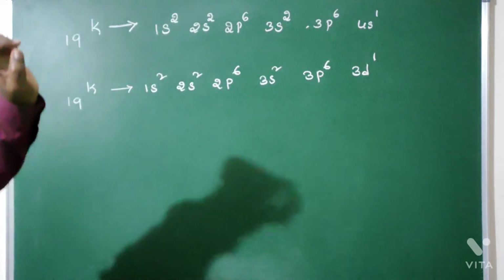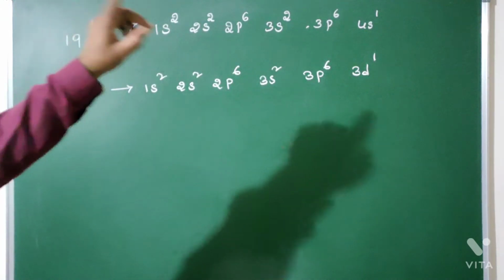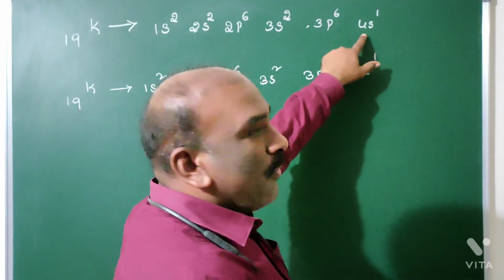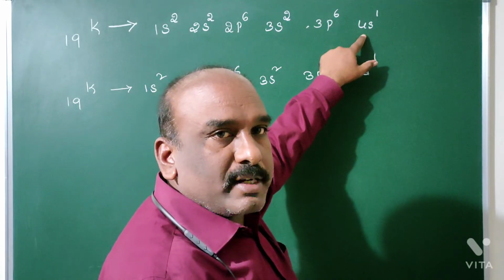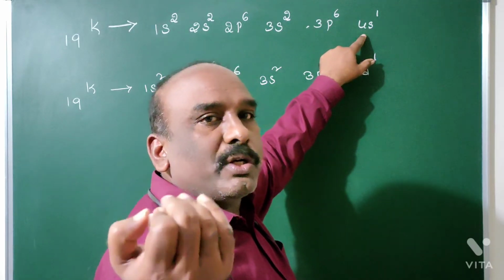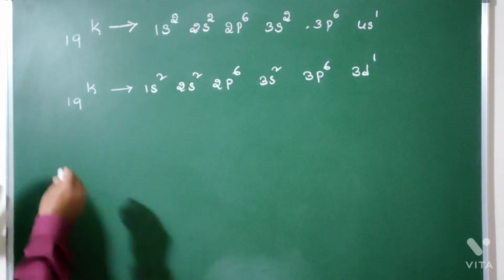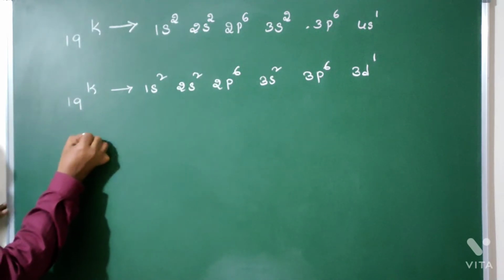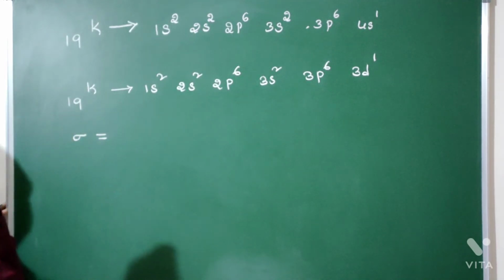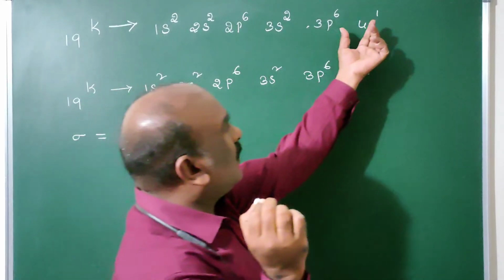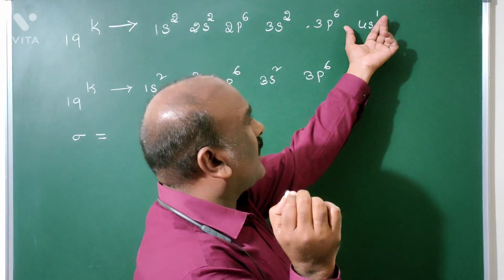Suppose the last electron is entered in the 4s subshell. What is the screening constant? What is the effective nuclear charge in this case? Screening constant sigma: we know that the 4s electron is the test electron.